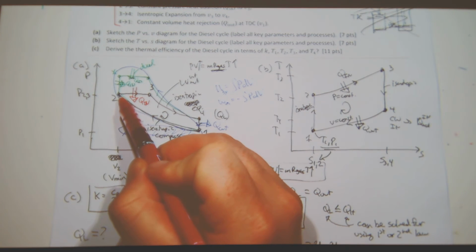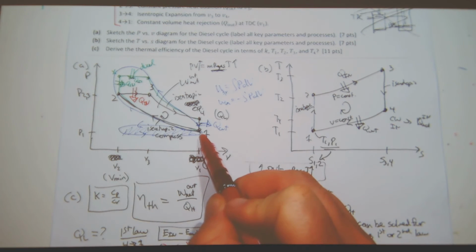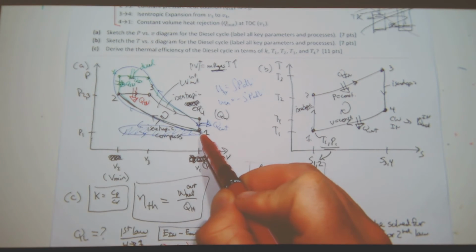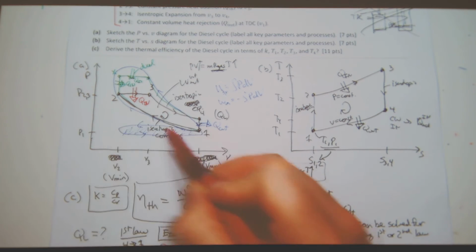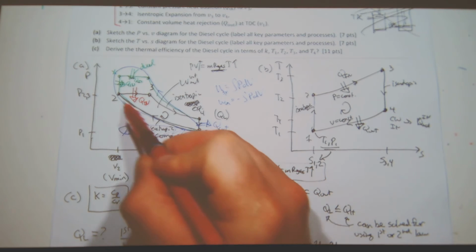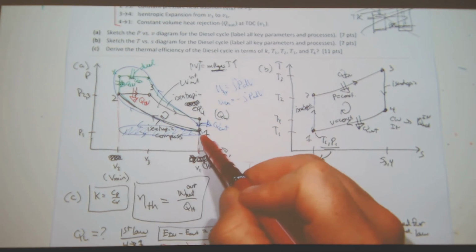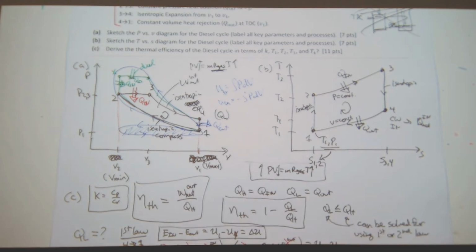So if it was counterclockwise, I'd have to go this way. And I think that's fine. Like here, is it from 1 to 2? Is it work in or work out? It's work in. So all of this area here from 1 to 2 represents the work in to compress my gas to auto ignition.